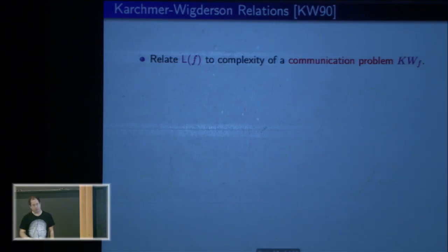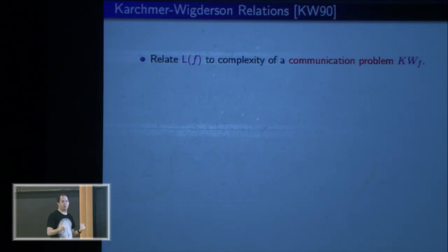So, let's start with the background. What these Karchmer-Wigderson relations do is that they relate the formula complexity of a function f to the communication complexity of a communication problem.